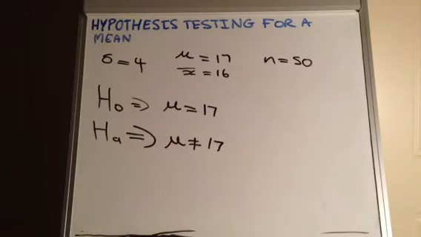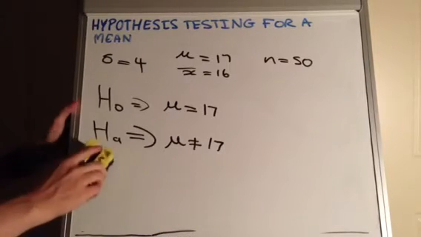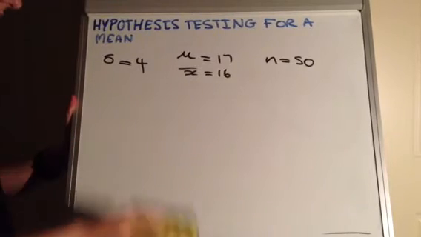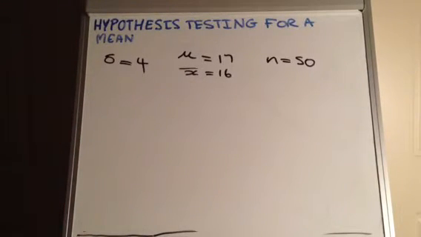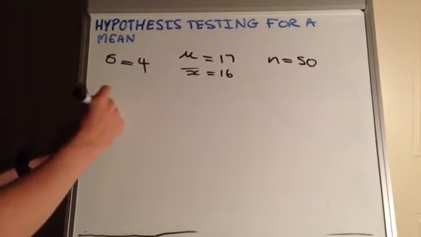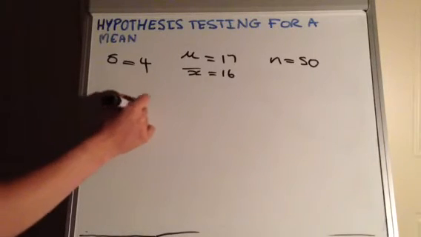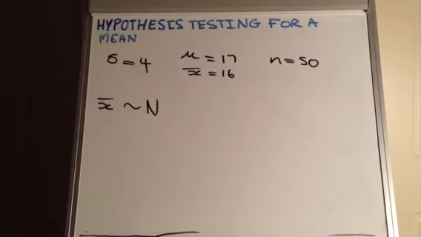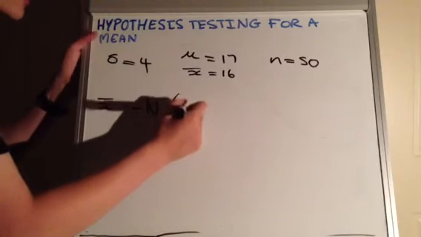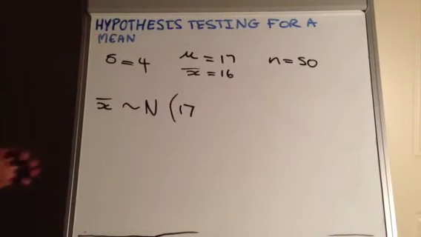So now we think about writing down the null distribution. So the null distribution is the distribution that we have from our actual sample here. Our variable is x bar, which we got from our samples, and we're looking at a normal distribution, so this is standard notation here, and the mu value that is claimed is 17.